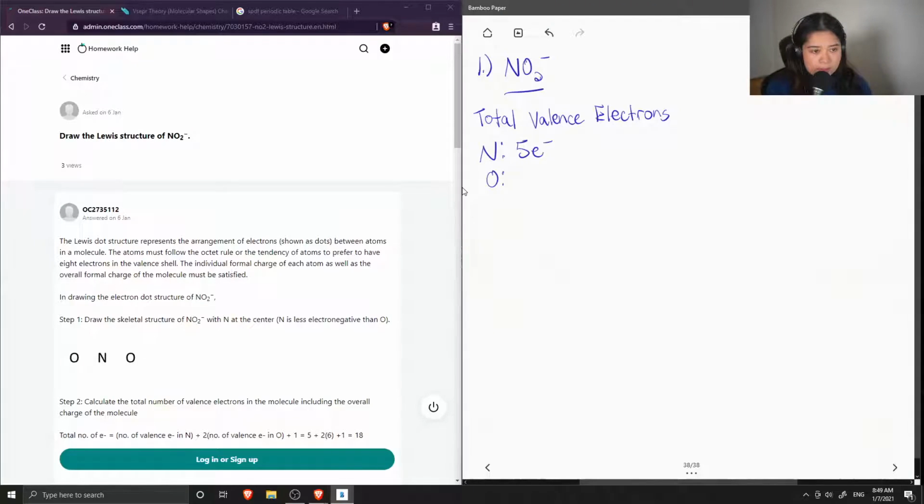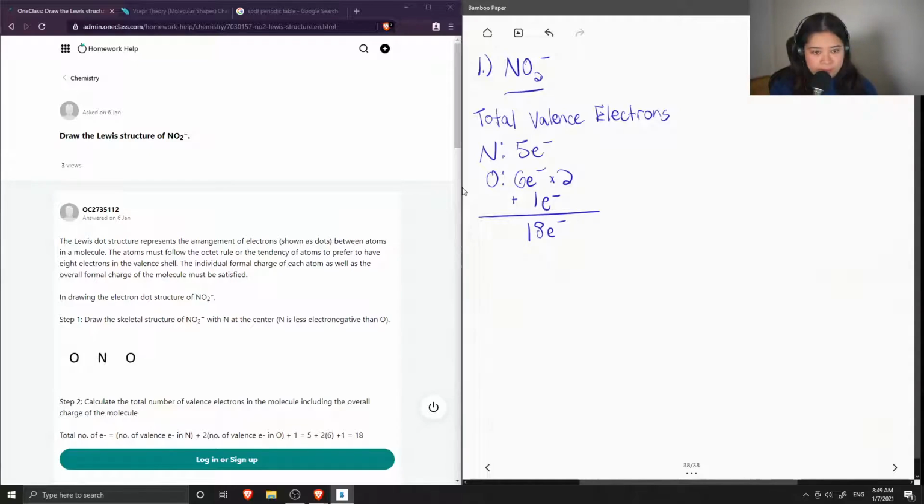And in the case of oxygen, each oxygen atom contains 6, and there are 2 oxygen atoms, so we multiply this by 2. Also, this is an ion that has a -1 charge, so I need to add an extra electron as well. If we add this all up, we have a total of 18 electrons.